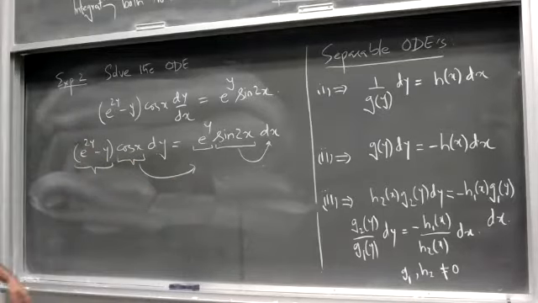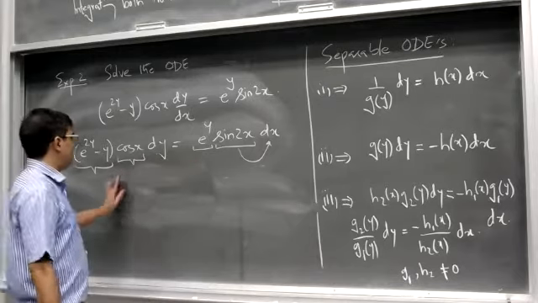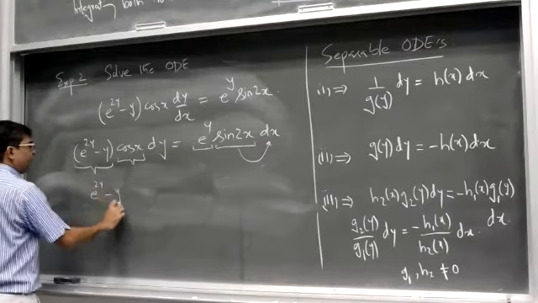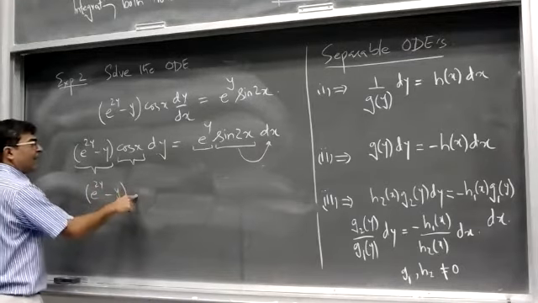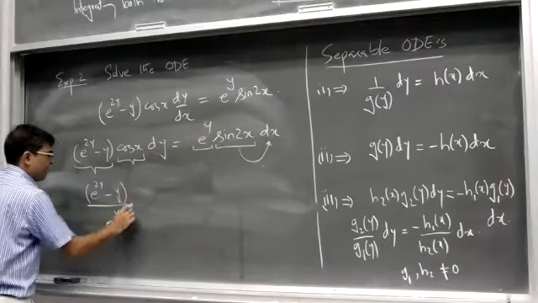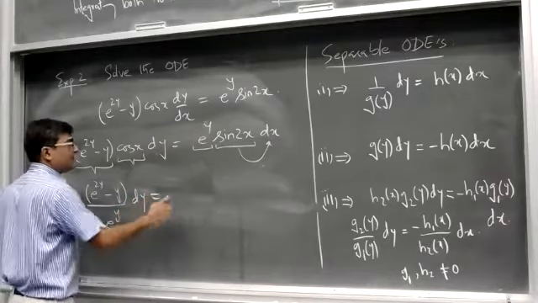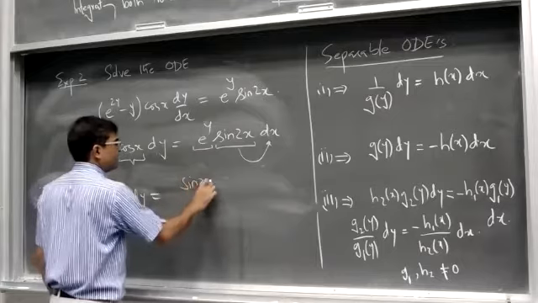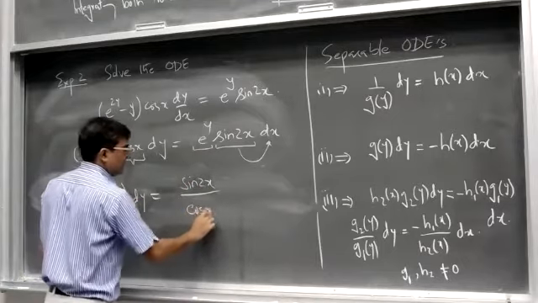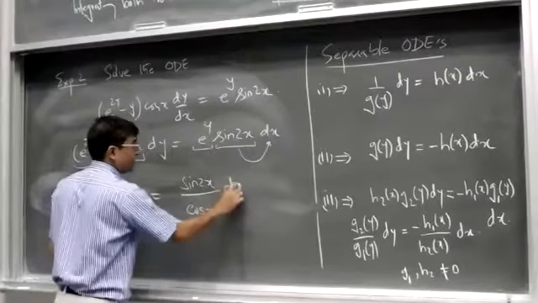So this is how we can separate the variables. So e raised to 2y minus y, it will stay along with dy, and e raised power y comes down here. e raised power y dy is equal to sine 2x stays here, and this cosine of x comes here in the denominator on the right hand side.